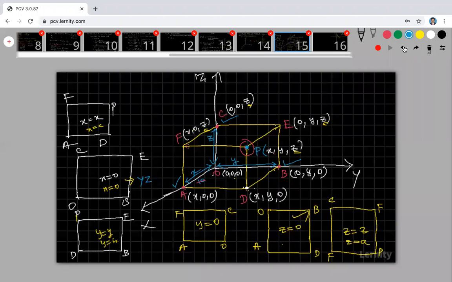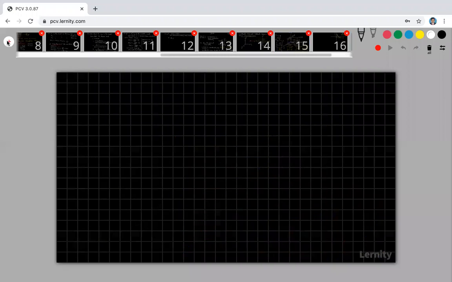I'll give another, separate diagram. This is x, this is y, this is z.